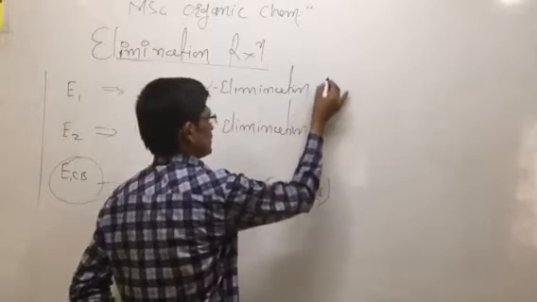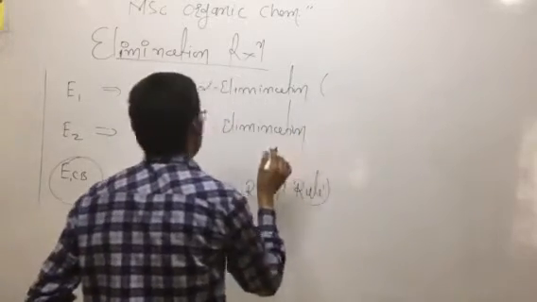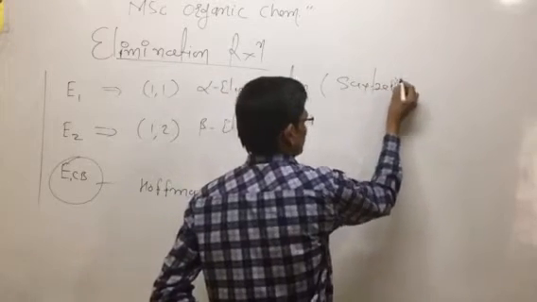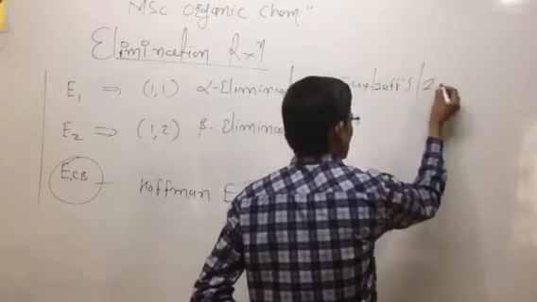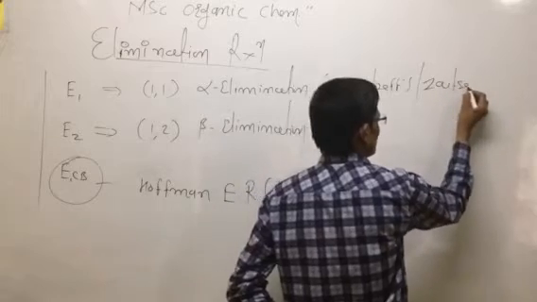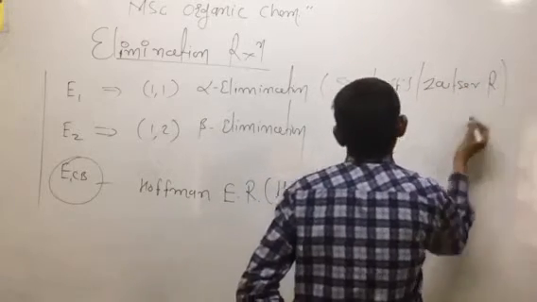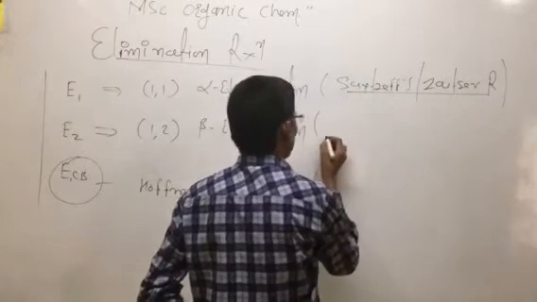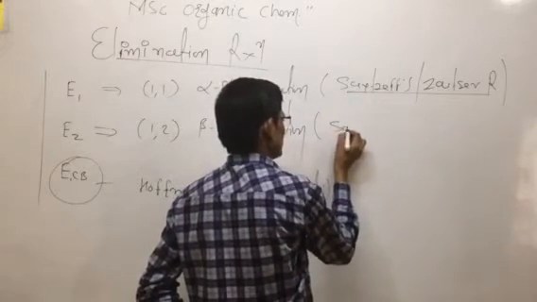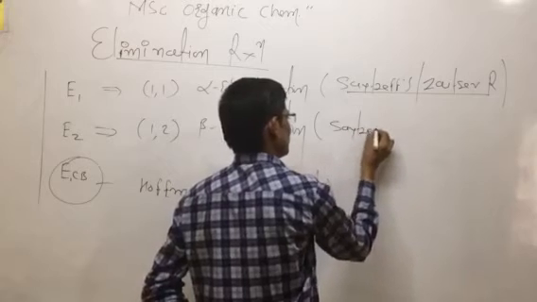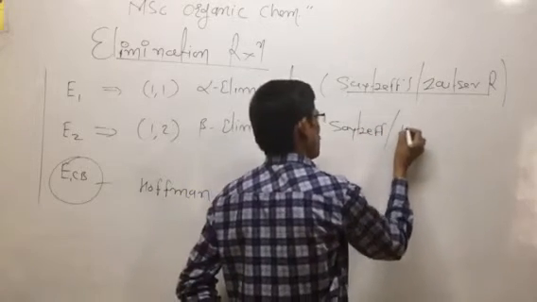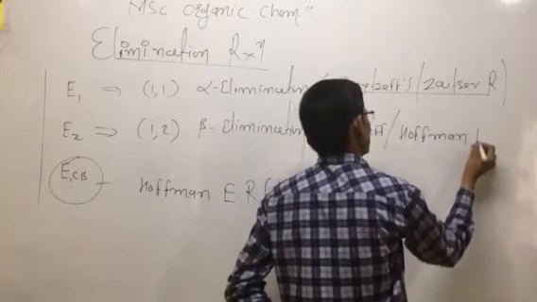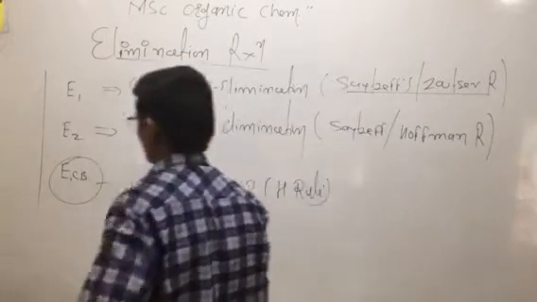The E2 reaction belongs to the Saytzeff rule, also called Saytzeff elimination. Most important, it obeys both the Saytzeff as well as the Hofmann rules.